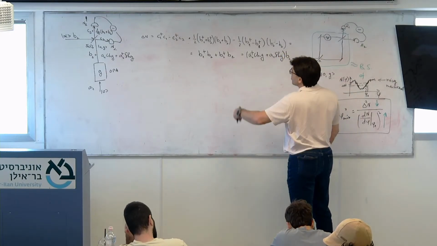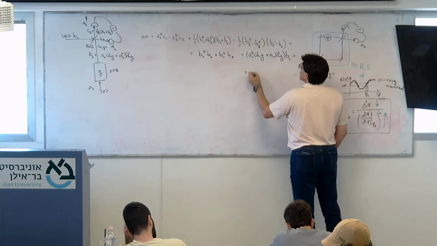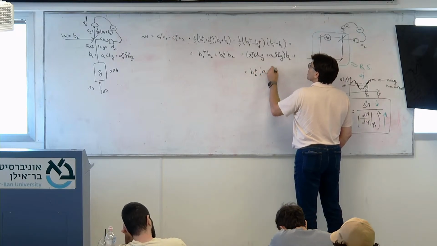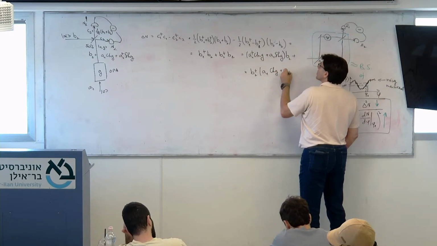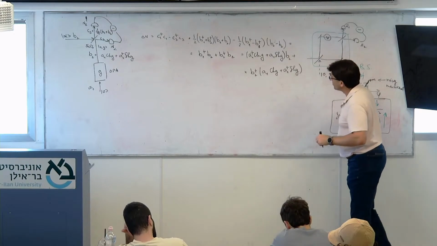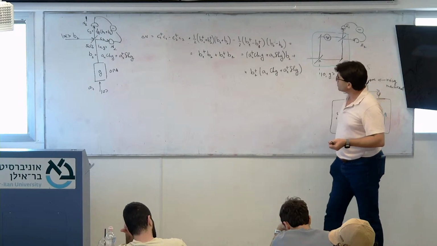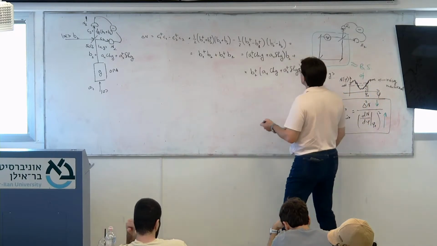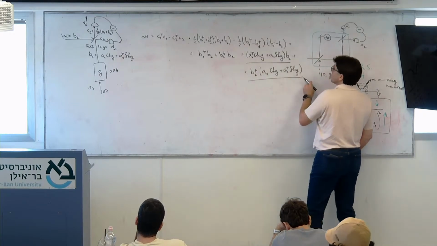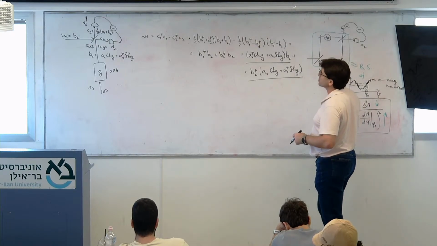I was taking B1 and making it a dagger, plus B2 dagger times A1 hyperbolic cosine G plus A1 dagger hyperbolic sine G. Okay, so this is the measured quantity in terms of the input operators.